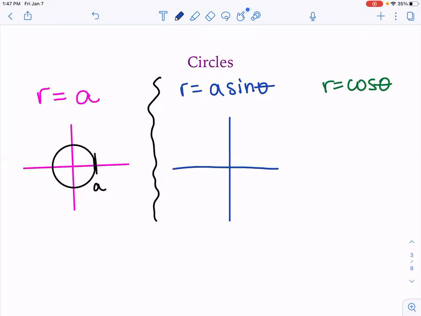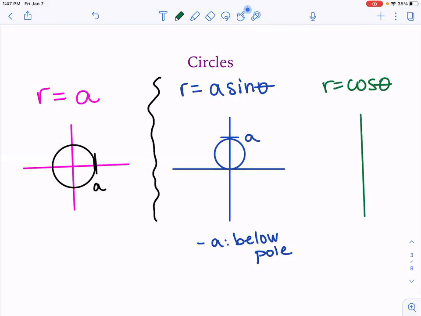It's going to be vertical from the pole. So if a is positive, then it will be above the pole. If a is negative, this circle would be below the pole. r equals a cosine theta means we have a circle, once again, tangent to the pole.